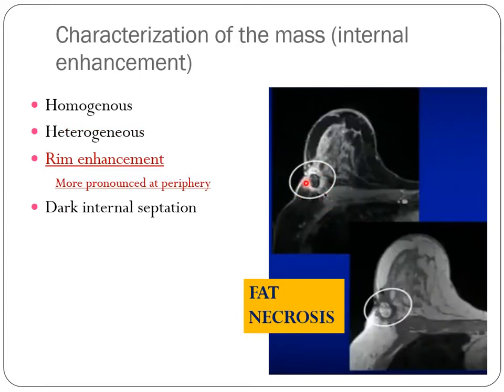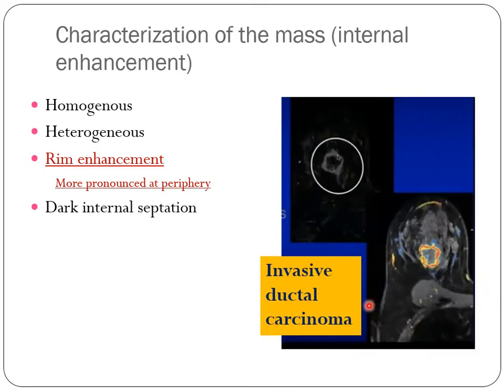The rim enhancement is very important because sometimes it is just fat necrosis. For fat necrosis, you have to check the T2 weighted image, diffusion weighted image, the ADC value, and also the kinetic curve. You have to check all of the acquisitions in order to decide that this is fat necrosis.